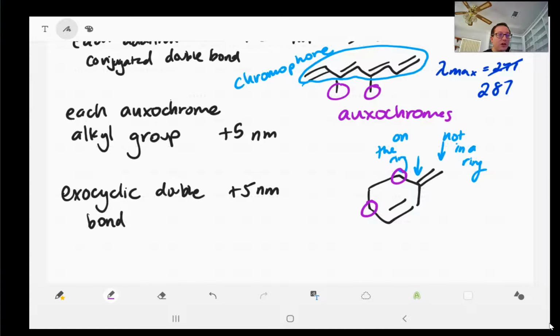So every point that your oxochromes connect to your molecule, that's when we're going to be adding those 5. So we're going to add 10 nanometers for those 2 oxochromes. We'll have another 5 from the exocyclic double bond, and then we'll have our base value. So it's going to be 217 plus 15, which gives us 232. So that was 217 plus 10 plus 5.